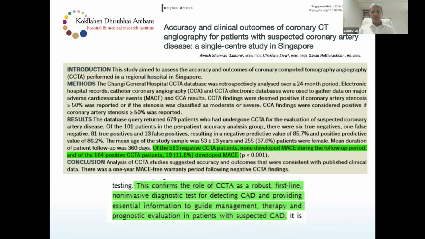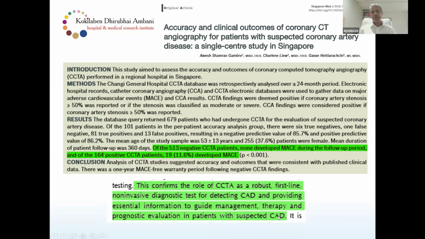So this is a Singapore Medical Journal article in which they say, after doing a CTCA, that this confirms the role of CCTA as a robust first-line non-invasive diagnostic test for detecting coronary artery disease and providing essential information to guide management, therapy, and prognostic evaluation in patients with suspected CAD.